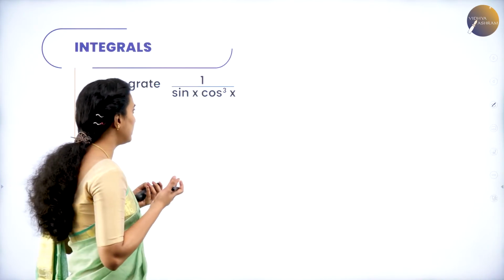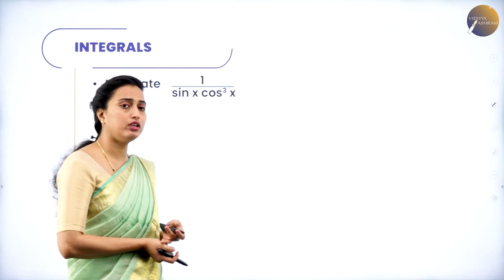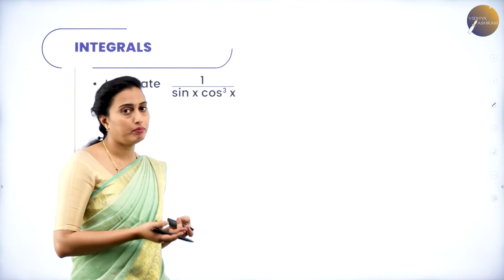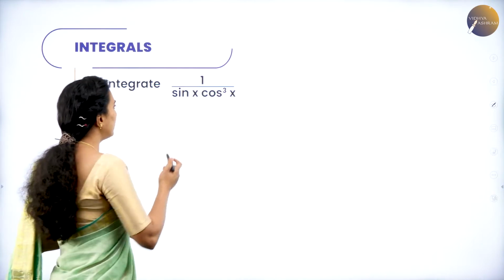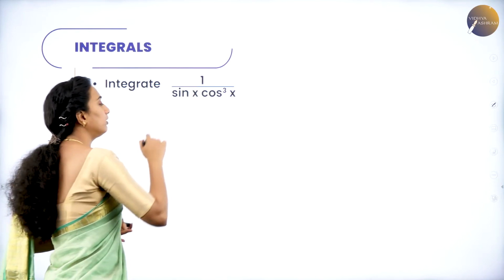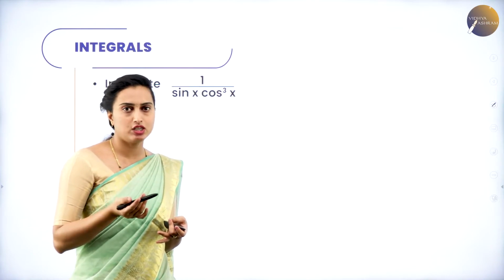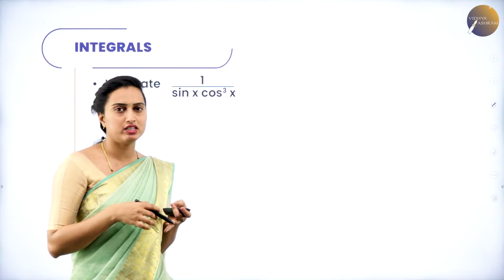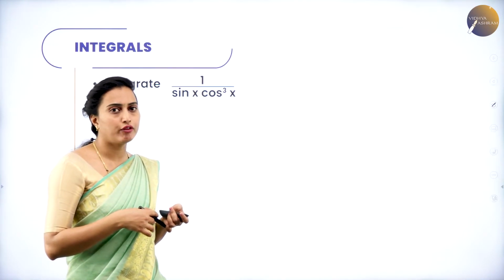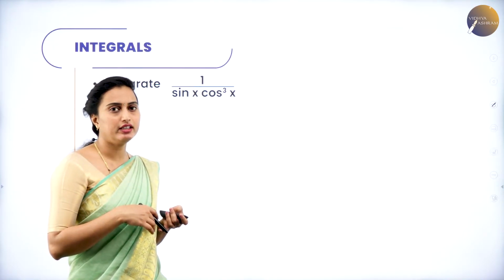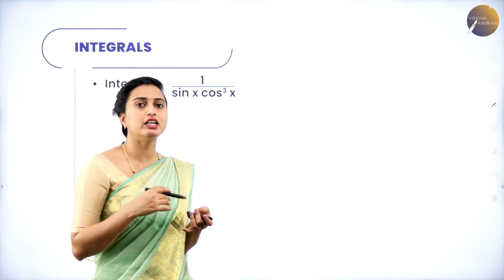Dears, if you substitute here in terms of cos or in terms of sin, you will never get 1 by cos or 1 by sin. So what I am going to do here, since the power is minus 1, if you take it to the numerator it will be p plus q, which is in the form of minus 1 minus 3, which is a negative. Correct? Minus 1 minus 3 is minus 4. So therefore, I am multiplying and dividing the numerator and denominator by secant to the power of 4x.